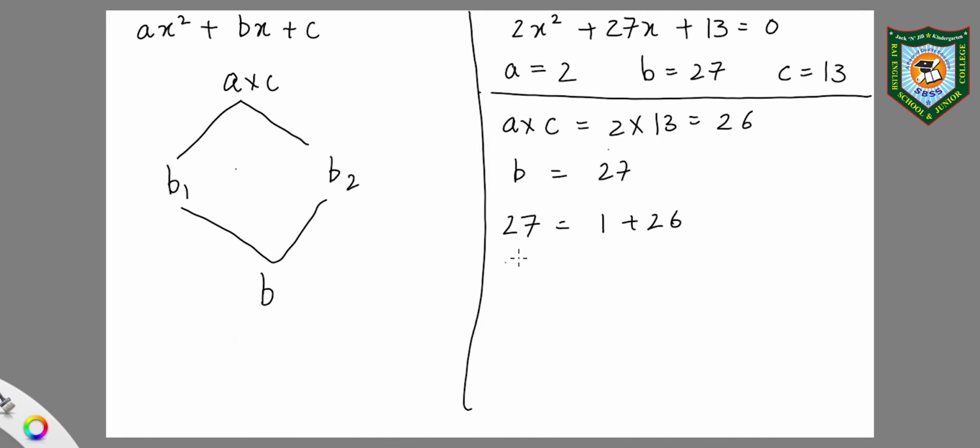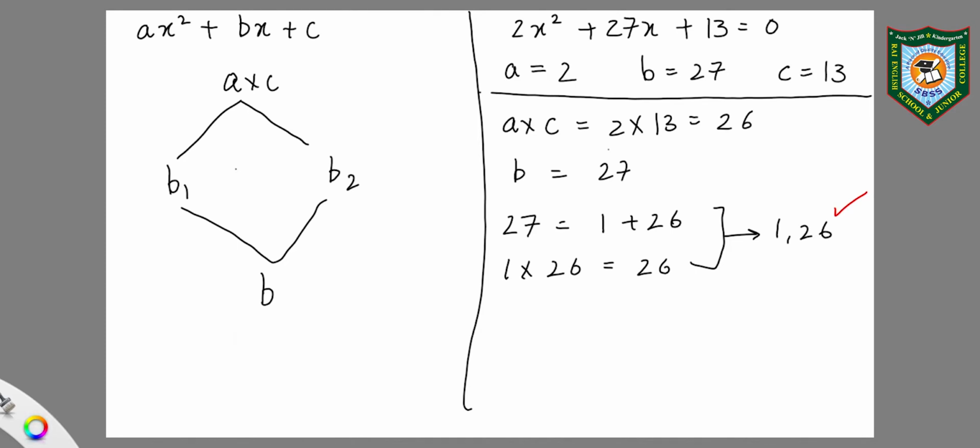This is correct, because 1 into 26 is 26. So 1, 26 can be the possible factors.